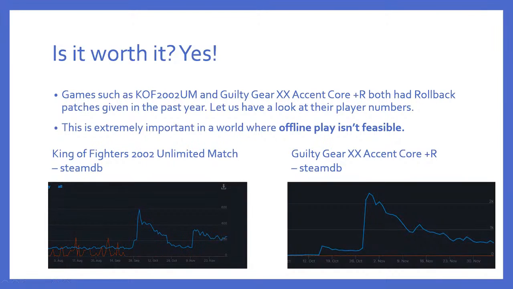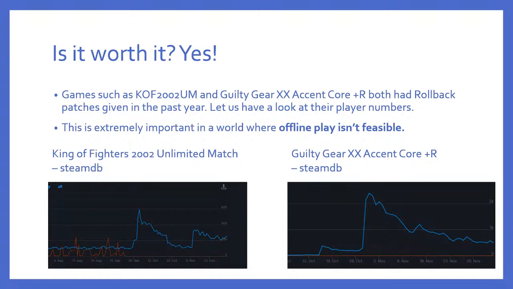I don't have the numbers for it right now, but Super Smash Bros. Melee, a version of the game created for emulation purposes, which has a rollback netcode solution, has been blowing up recently.